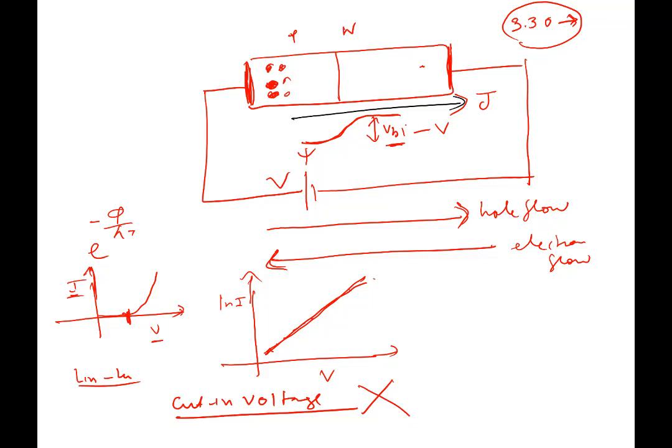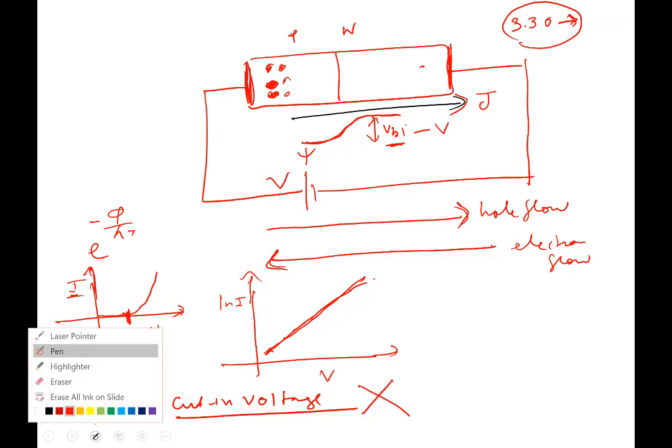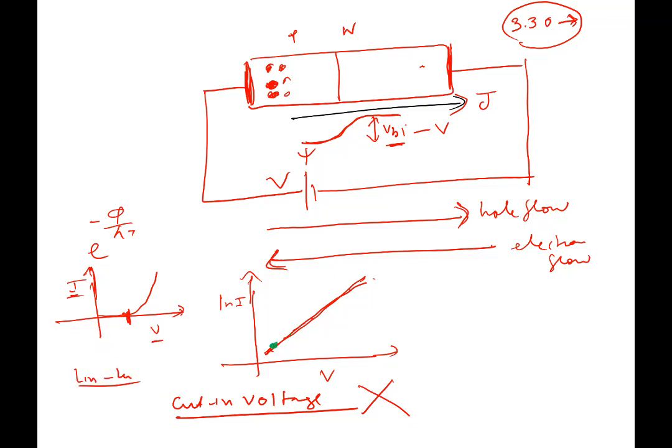Current is starting to flow here, everywhere it is flowing. There is no unique point. The unique point only comes because you plot things on a linear scale.